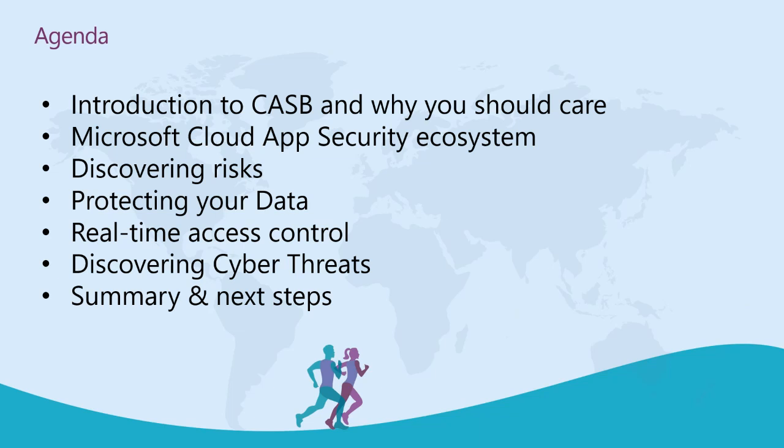Under that, we'll talk about how we can discover the risk in your environment, and how we can protect your data and applications. Then how we can do real-time access control by combining policies. And one of the key parts is discovering cyber threats and how we can address them when you go into the hybrid world or the fully cloud world.